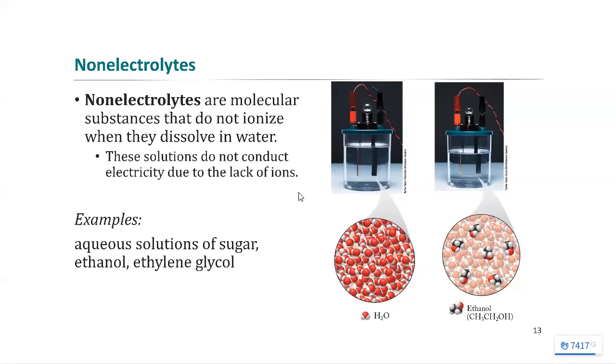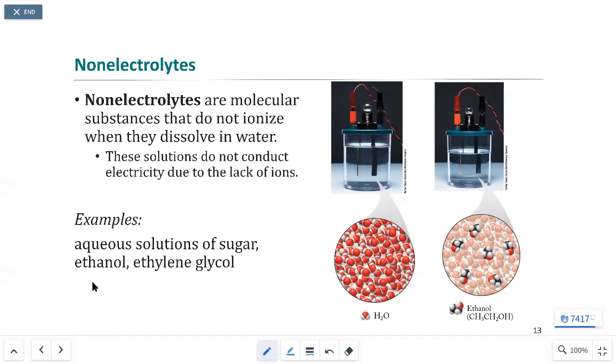But because of their molecular structure, they don't form ions when they do. Water just interacts with them in a polar to polar kind of fashion. It doesn't interact with them and pull them apart to create ions like it does an acid or like it does a base. So what we usually see here are molecular compounds.